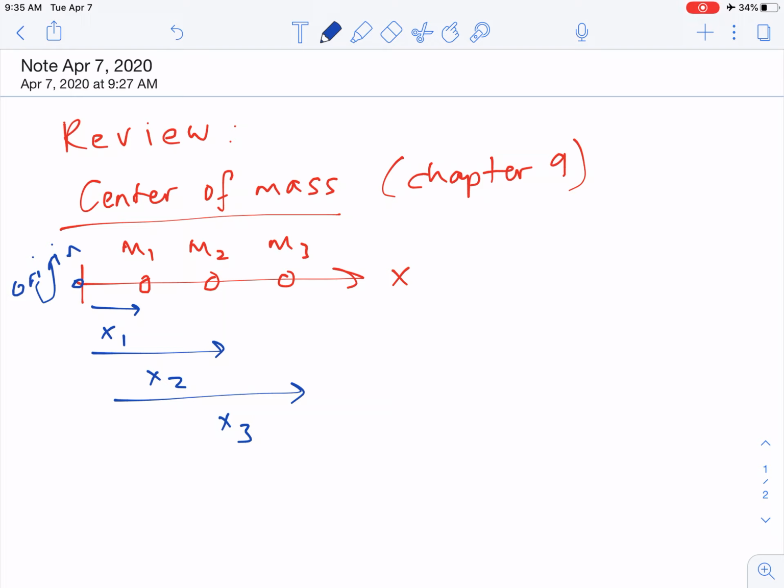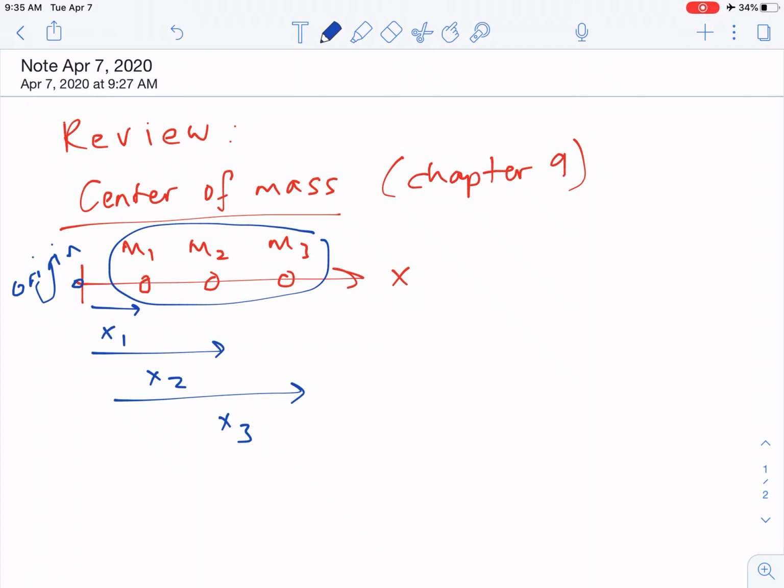And then what we said is if we have three masses like that, we can find the center of mass of this system. So the system is made of these three masses. Since this is one dimension, we know the center of mass should be between m1 and m3, right? If m3 is much bigger compared to the other two, the center of mass is going to be closer to m3.